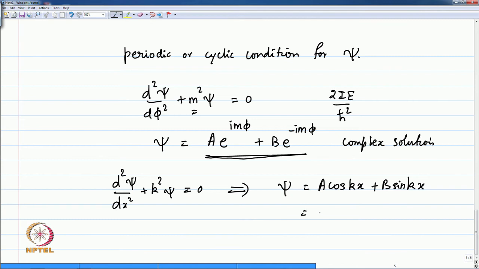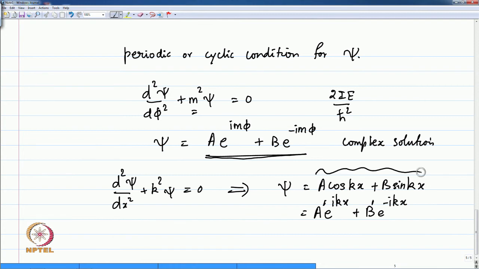We could have written that this is also A e to the i k x plus B e to the minus i k x. We could have written A prime, B prime, some other constants, because after all the exponential i k x can be written as cos k x plus i sin k x. Exponential minus i k x also can be written that way with a minus sign, and it is possible for you to get this solution.